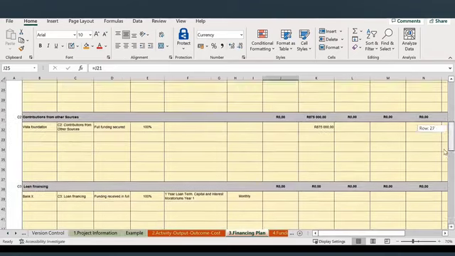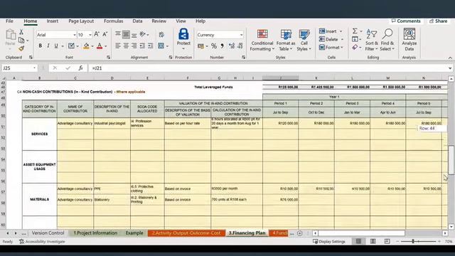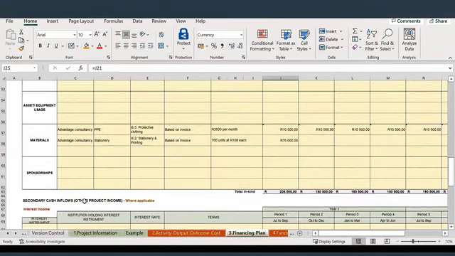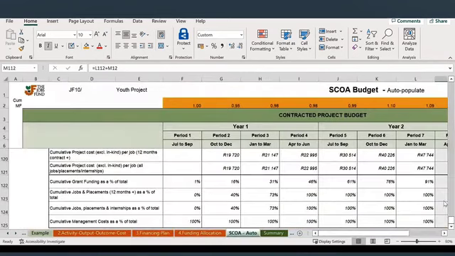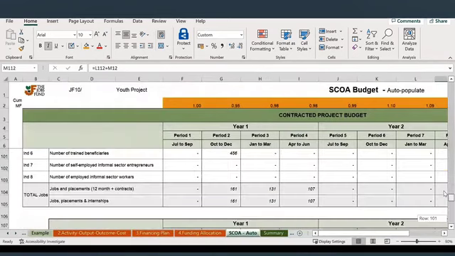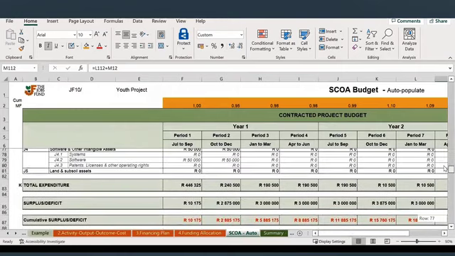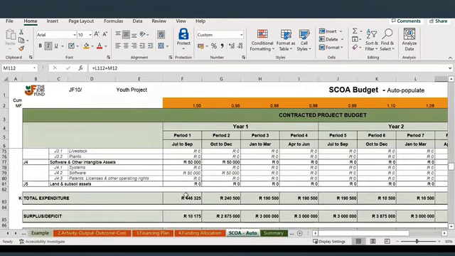Of course, the in-kind applies, it's needed anyway. The reason is that if we go to our SCOA auto sum, we'll see that in that first quarter, our expenditure is 446,000, of which about 225 is cash. The rest of it is in-kind funding. So that's all we really need the cash for.